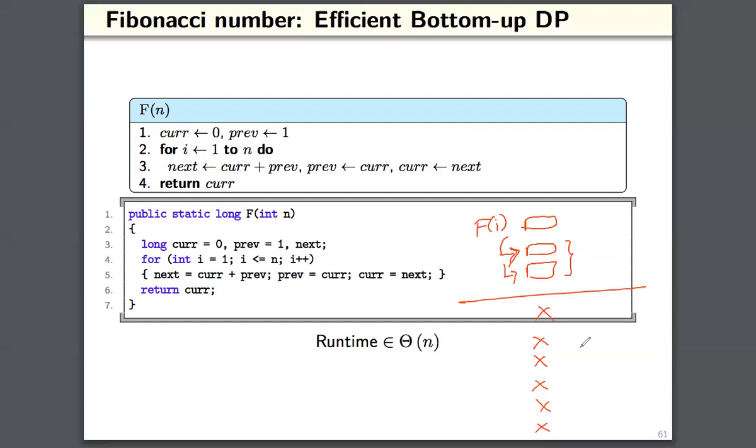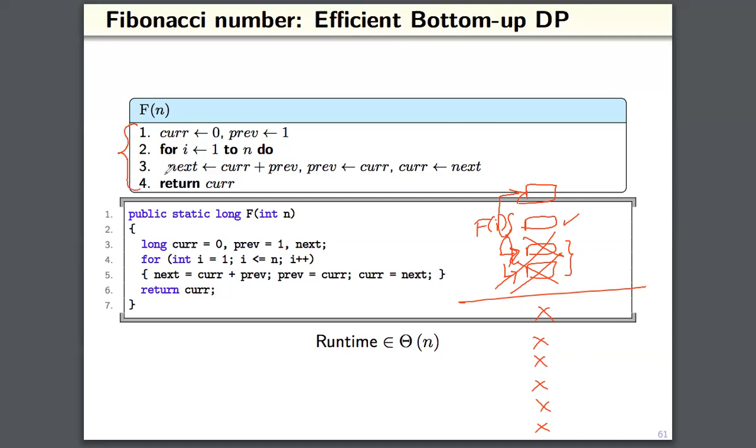Those are useless. Hence, whenever you compute this, you can discard the f of i minus 2 variable, use this to compute the next one, discard the next variable like this. So keep doing this. That is the core idea of this algorithm.